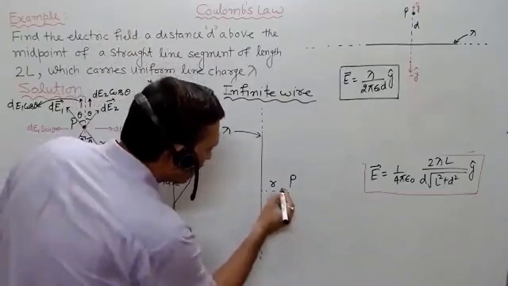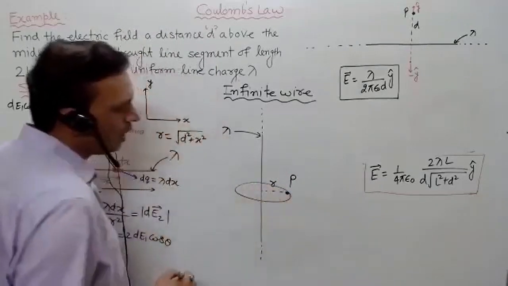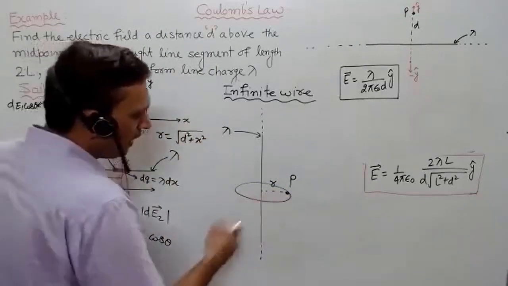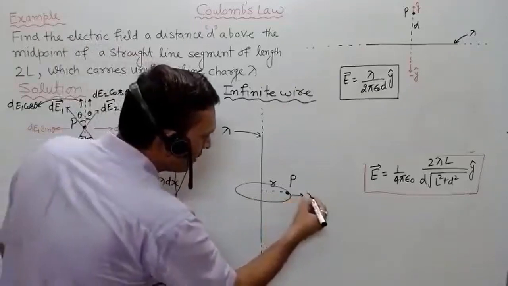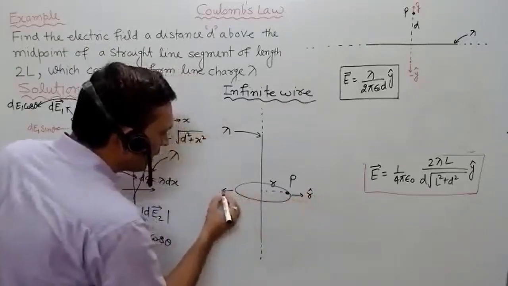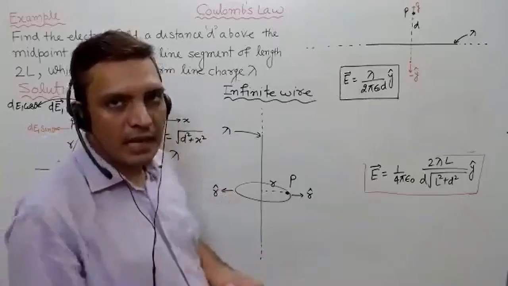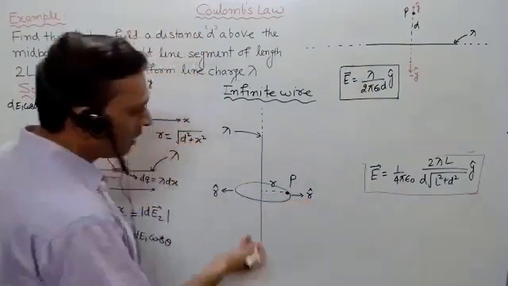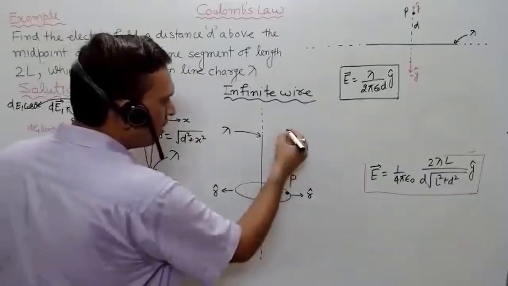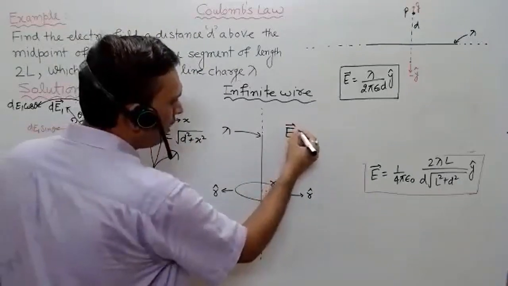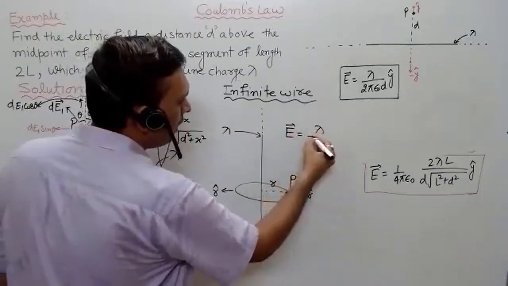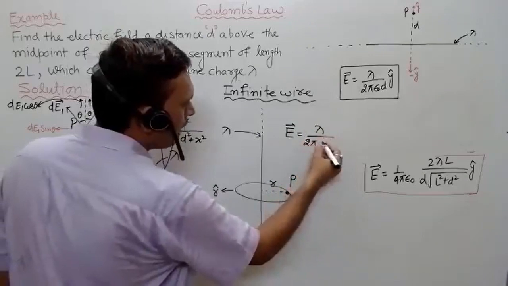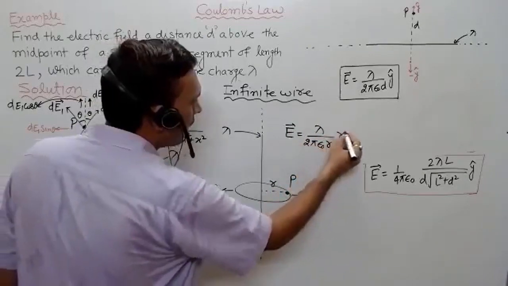If you draw a circle of radius small r, then at each point the direction is represented by r cap. You don't have to represent different directions because in cylindrical symmetry, each direction is represented by r cap. So we can easily write the electric field E as lambda by 2 pi epsilon naught r, in the r cap direction.